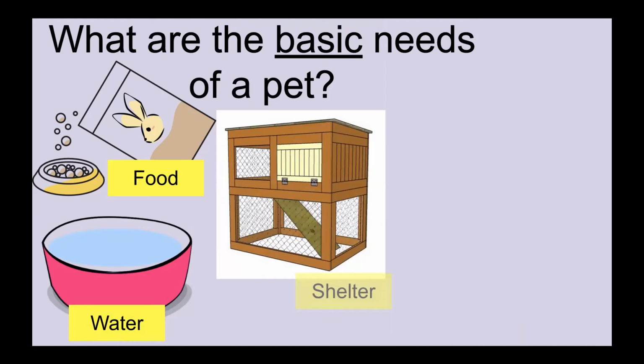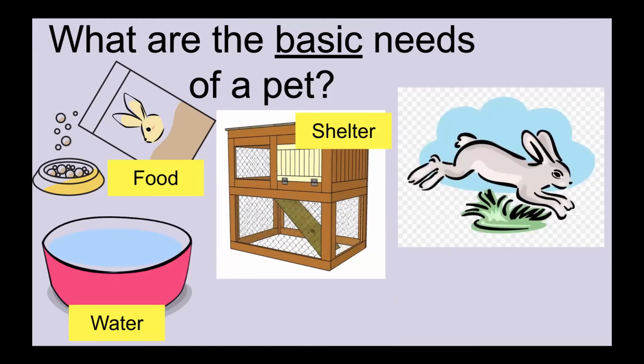Our pets need that too. Our pets also need shelter. Both Mochi the rabbit and Pepper the chicken live in some sort of cage during the day when they're not running around my classroom. So they need a place to live. Also, pets need air and space. Just like us, we need air to breathe, but we also need space so that we can roam and grow.